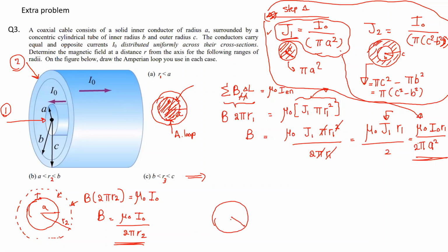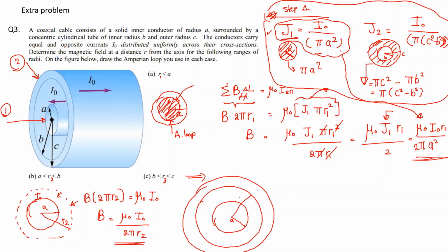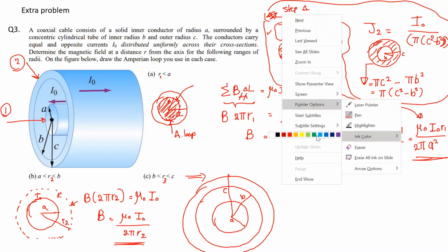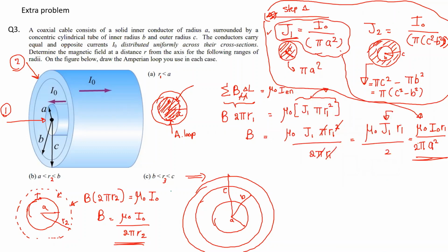So this is my inside loop, inside conductor, and then outside I have this donut shaped thing. And the radius is B, and this radius is C. So I'm going to use a different color for the next part to draw the Amperian loop.